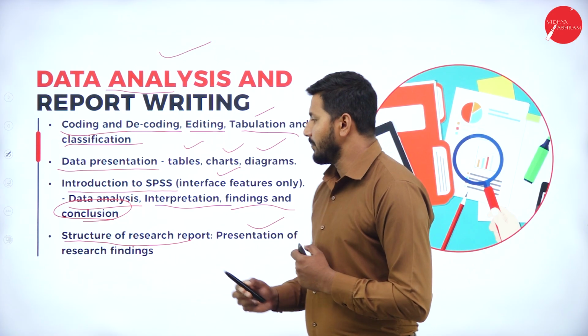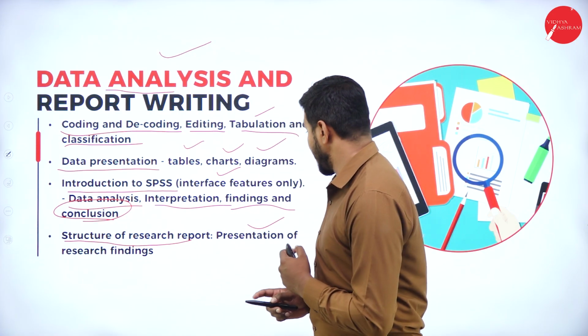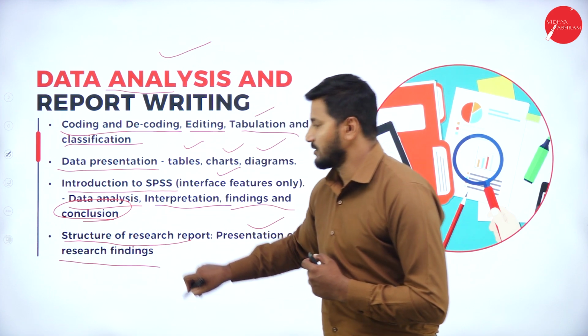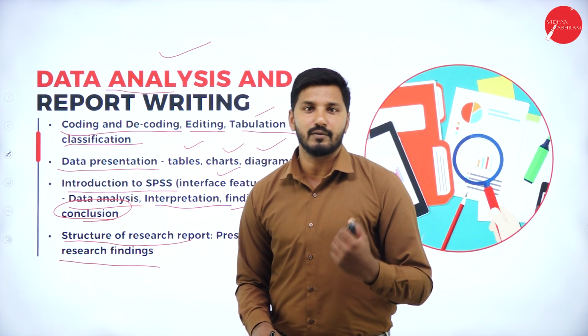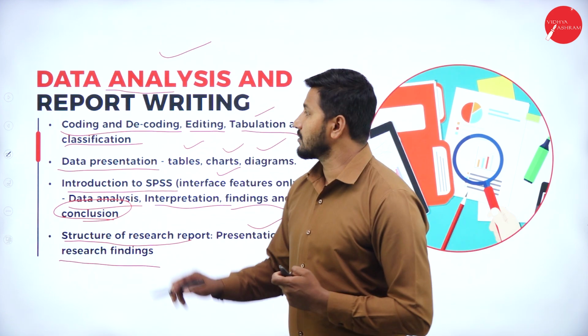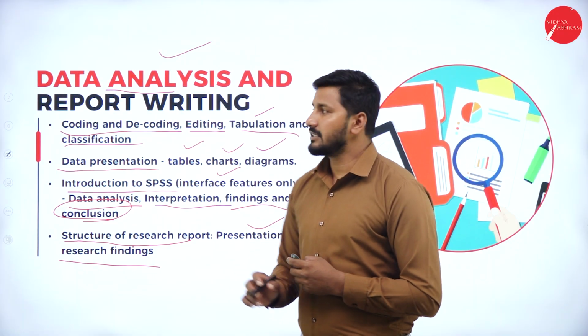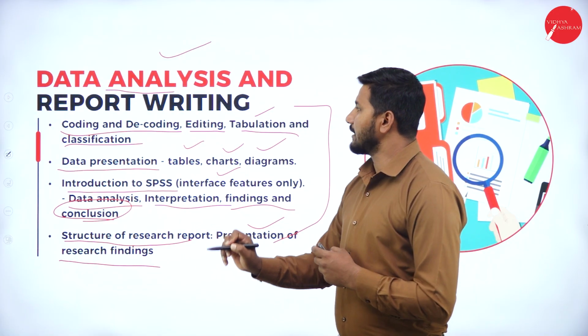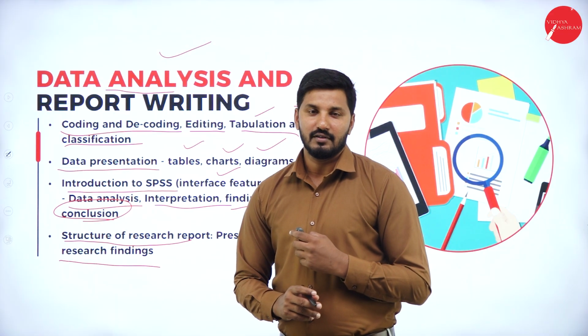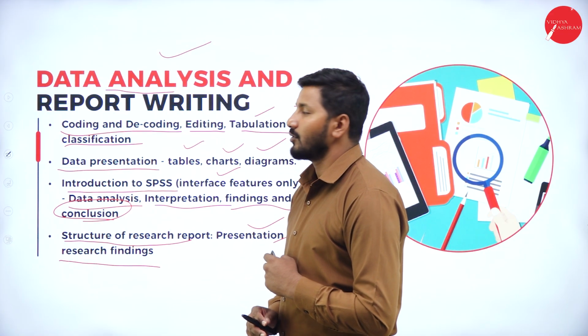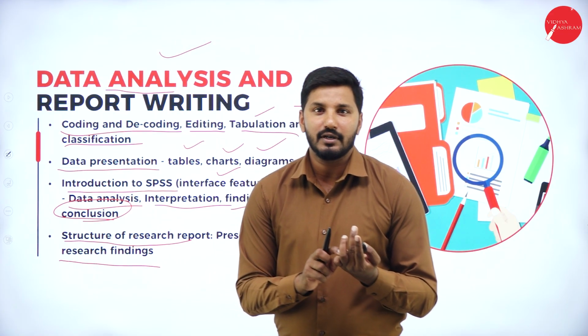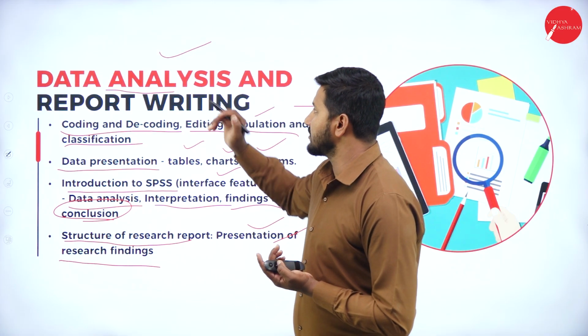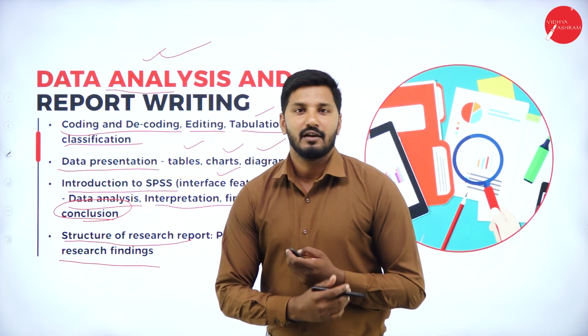Then finally we'll be writing representations of research findings. What are the major findings we'll be getting from that particular research. So these are all the major elements included in the data analysis and report writing module. So total 5 modules will be there, from the introduction to research to data analysis and report writing.